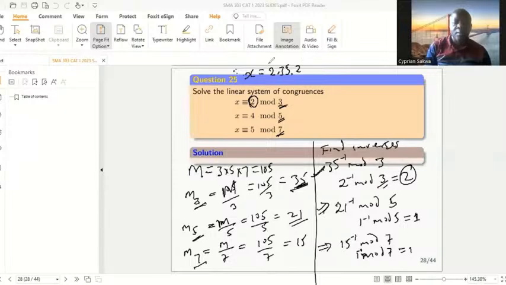And then plus this remainder times the moduli relative to 5, which was 21, then times the inverse of 21, which was 1, plus the remainder, which is 5, times the moduli relative to 7, which was 15, then times the inverse of 15, which was 1, the whole thing mod 105.